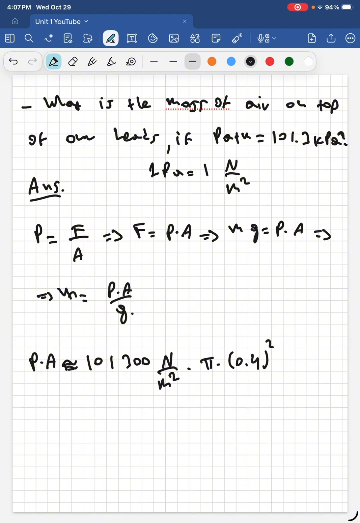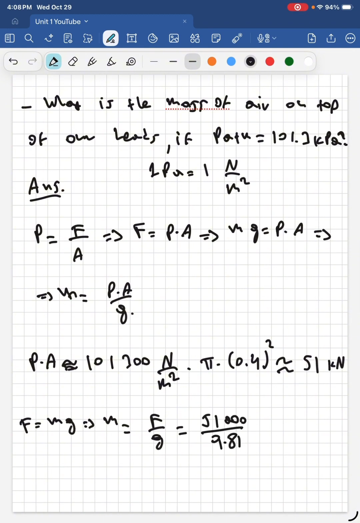So this is approximately equal to 51 kilonewtons, so 51,000 newtons. But F is m times g, so mass is force over g, so 51,000 over 9.81 gives you 5,200 kilograms. Okay, that sounds quite a lot, but I think it's about there.